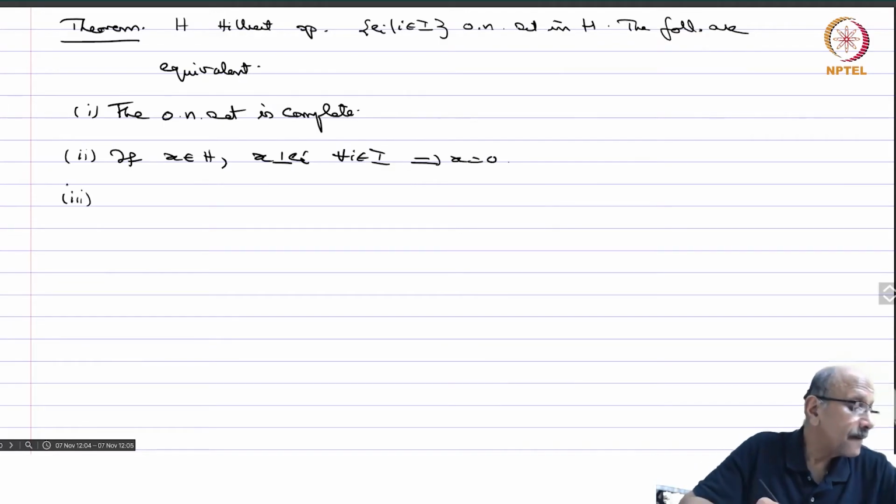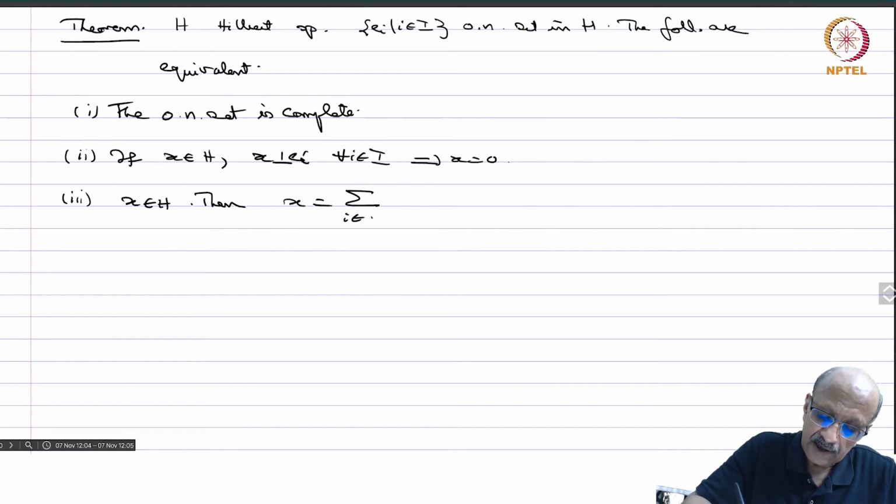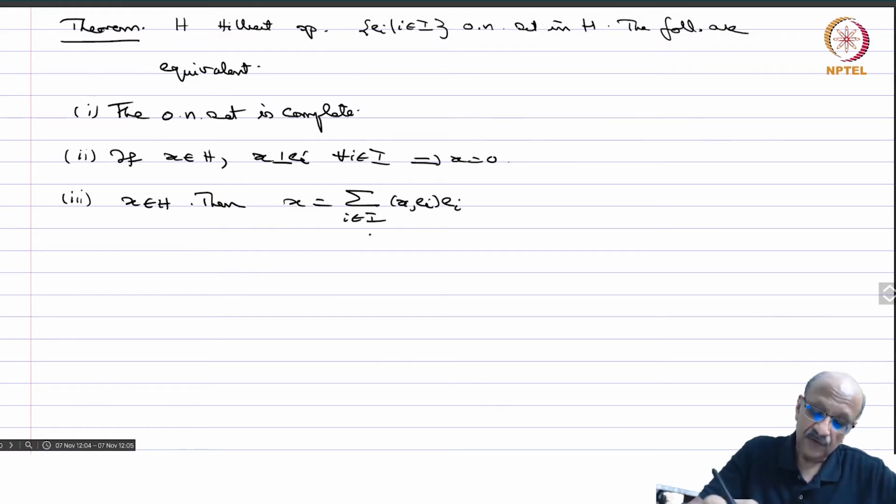Three, x is in H, then x equals the sum over i in I of (x, e_i) e_i. We know how to define this sum, and if you take the sum, it has to be x. This is equivalent to saying that the space is complete.